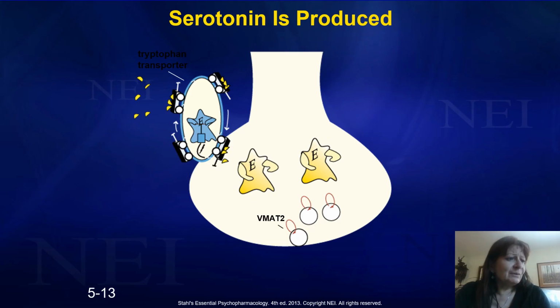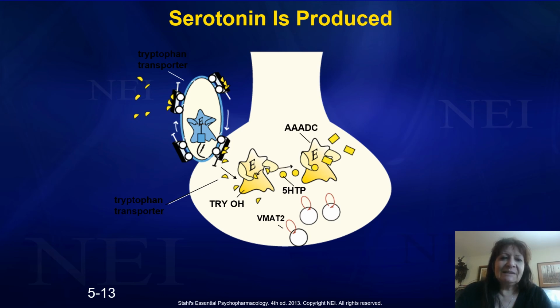Okay, this is simply a review of how serotonin is produced. We see the tyrosine, precursor amino acid, and tyrosine has its own trolley that comes into the neuron, and with the help of an enzyme, changes into 5-HTP.